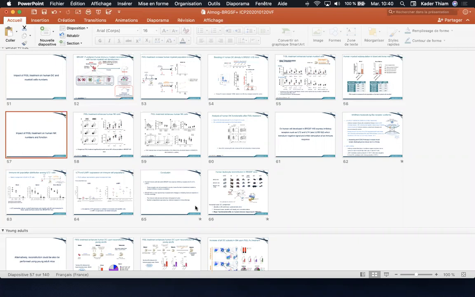If you don't have a c-KIT mutation, if you don't irradiate the mice or treat them with busulfan, then your mouse stem cell compartment will still be present and will still proliferate, and it's going to be in competition with the human stem cells that you injected.